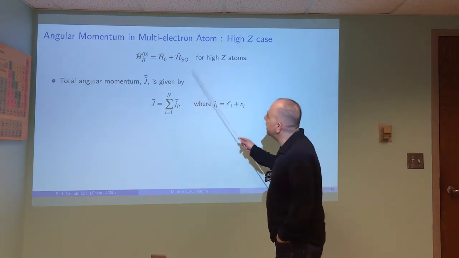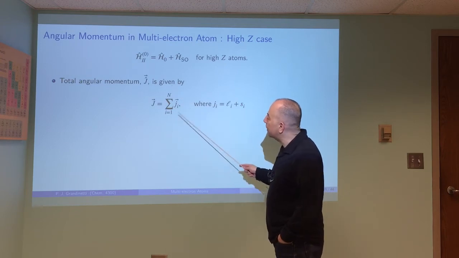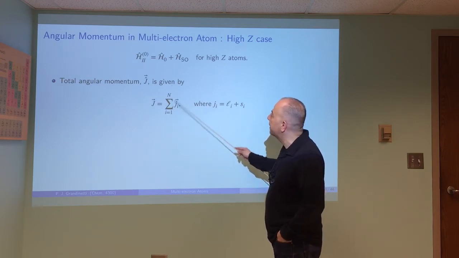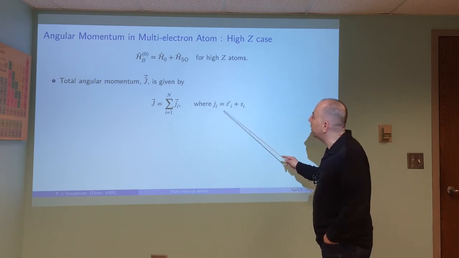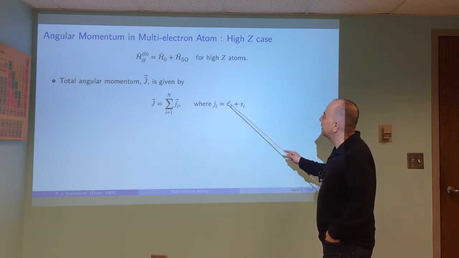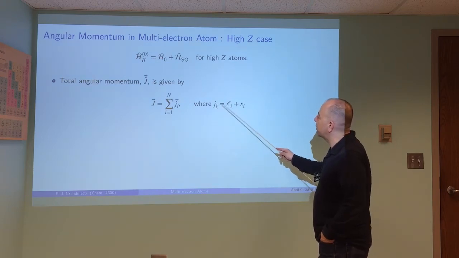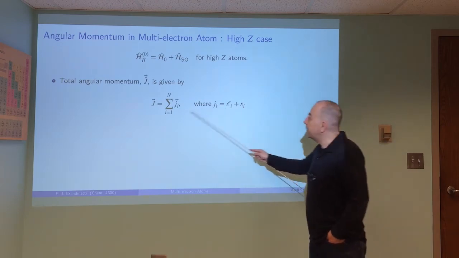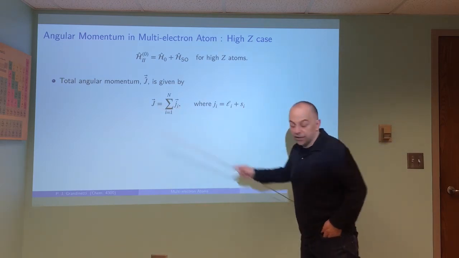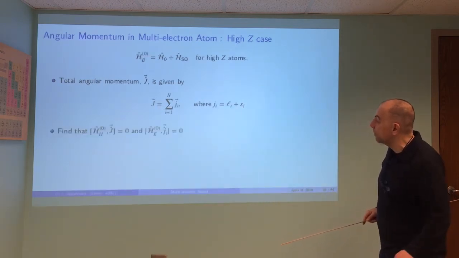In this case, it's more convenient to calculate the total angular momentum as the sum of the individual J's. For each electron, we calculate its J by taking its individual orbital plus spin angular momentum, and then we add those J's up to make the total J.